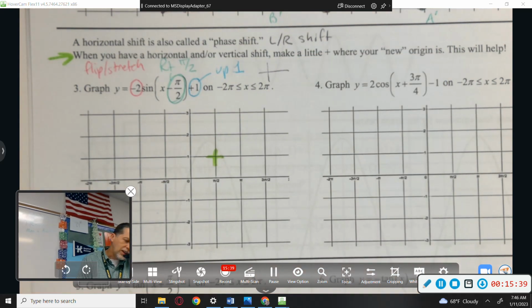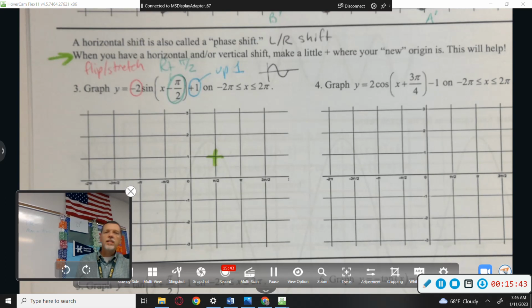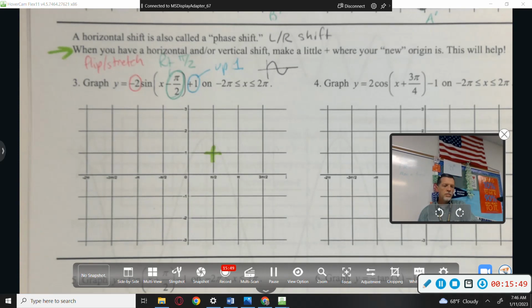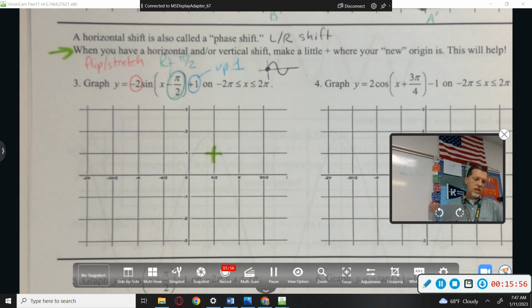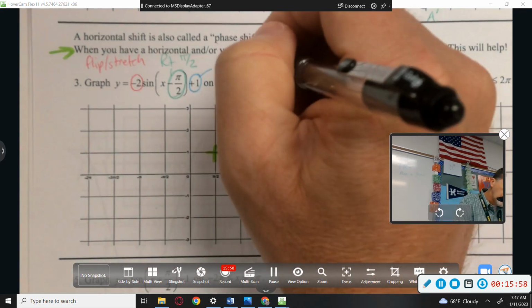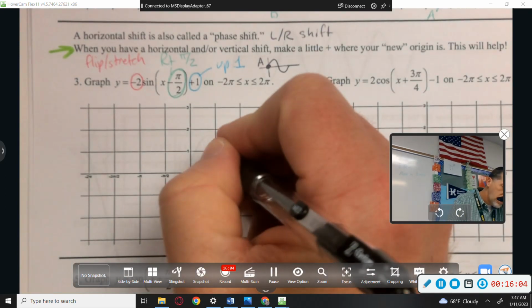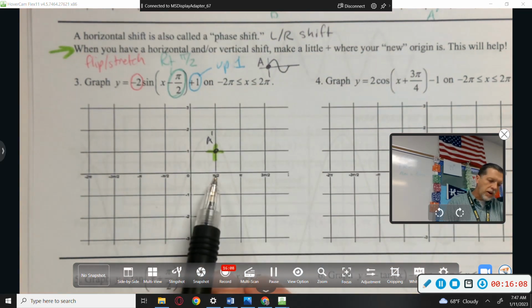Okay, let's see. A sine, I know what a sine looks like. Do my little mini parent function to know what my graph should look like. So I normally start at the origin. If I call that point A, then my new starting point is at the new origin. I've gone right pi over 2 and up 1.